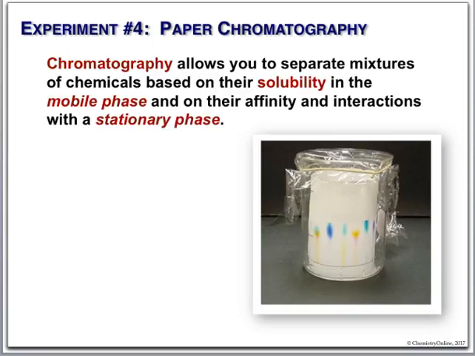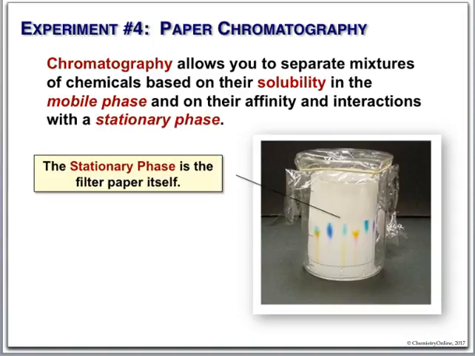Likewise, our mobile phase here was aqueous ammonia, and there are compounds that are very soluble in that, and compounds that are not. So chromatography takes advantage of both of these things together to allow you to separate a mixture into the individual components.